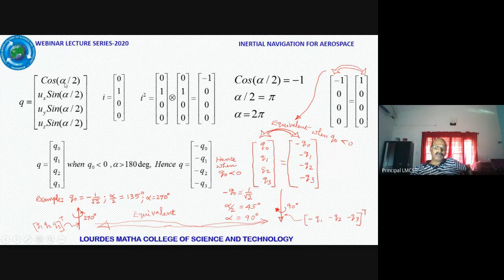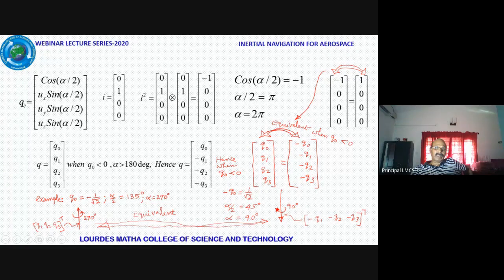The actual angle to be rotated is alpha, but this element is a function of alpha. Alpha is the angle. The function of alpha is cos(alpha/2). It doesn't matter. Still, it is trying to tell that angle in some way. That's all. So this gives the angle information to be rotated as a function of the angle, and this is the axis about which that rotation needs to be done. So this we have accepted.